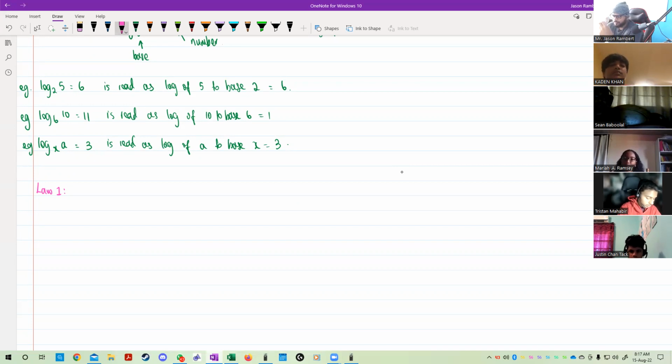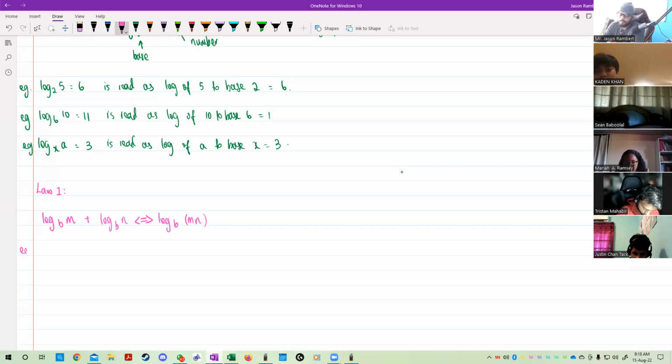So the law states that if we have log of a number, let's say the number is m, to base b, plus another number, log of n to the same base b, this is equal to log of m multiplied by n to base b. Now, the bases have to be the same for this law to work. And the law works both ways.